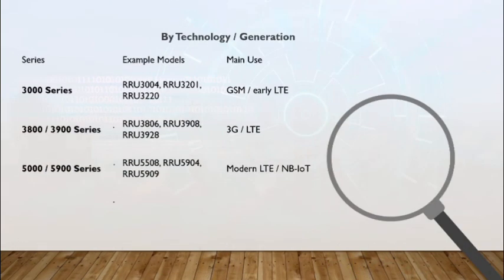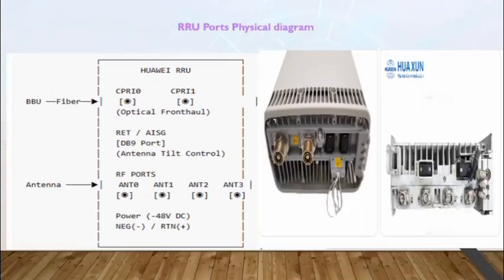And this one is the status at the right corner, showing the power and the critical alarm, and the CPRI interface board, in which a fiber cable is connected in the CPRI port, and the other end is connected with the BBU port.